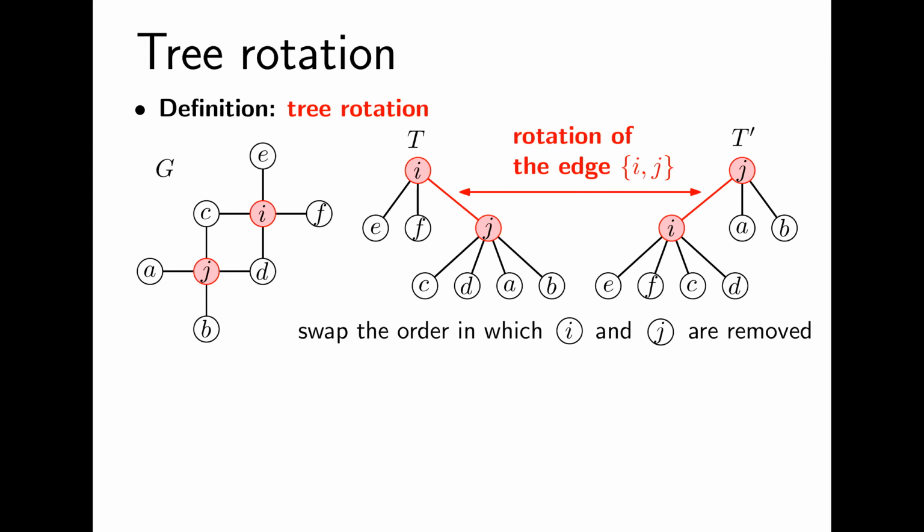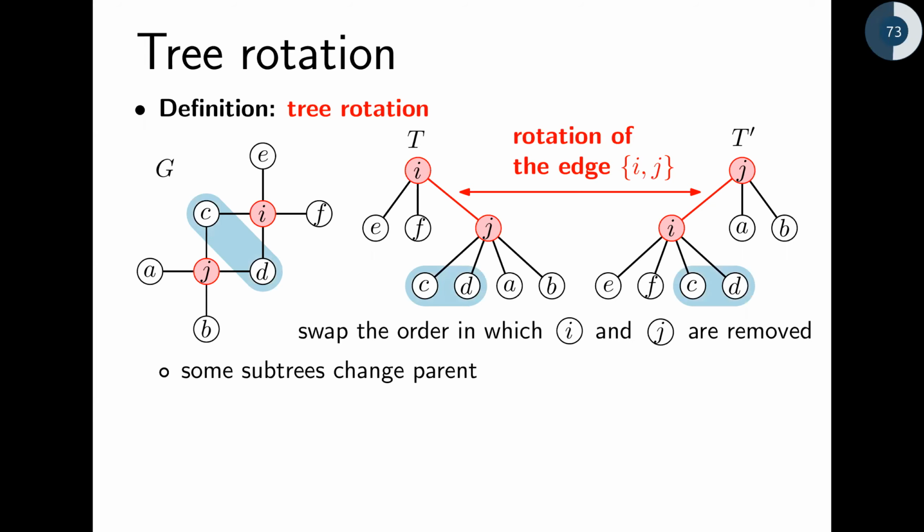And we refer to this tree rotation by the edge that we rotate, so we call it a tree rotation of the edge ij. Some of the subtrees change parent, namely those subtrees which in the graph are somehow between I and J.